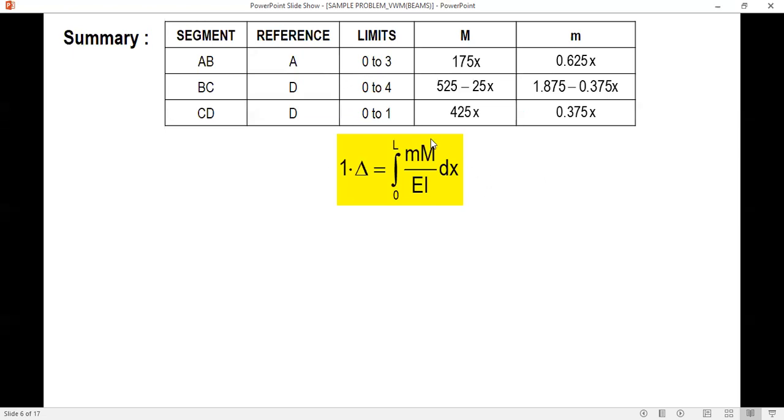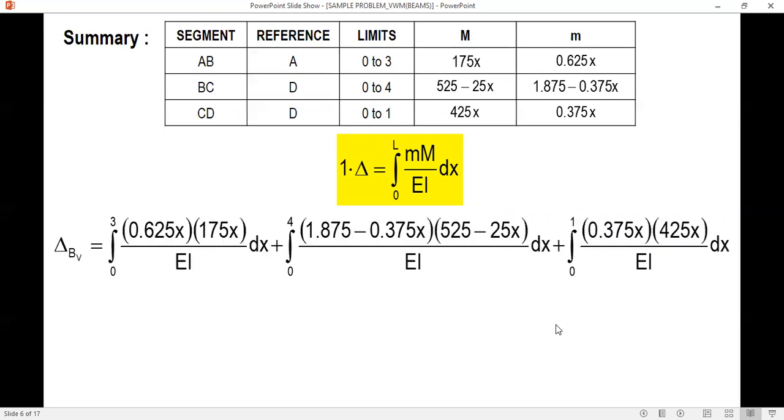Okay, review. This is the formula. So all you have to do is substitute the expressions of small m and capital M with limits, and then you integrate segment by segment. Okay.